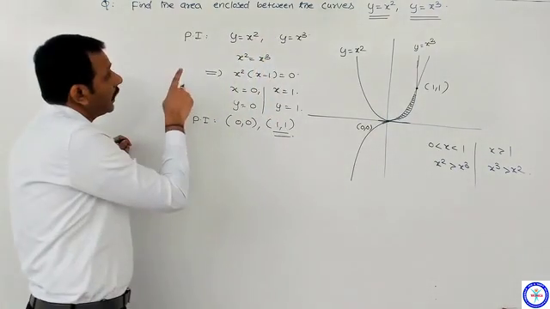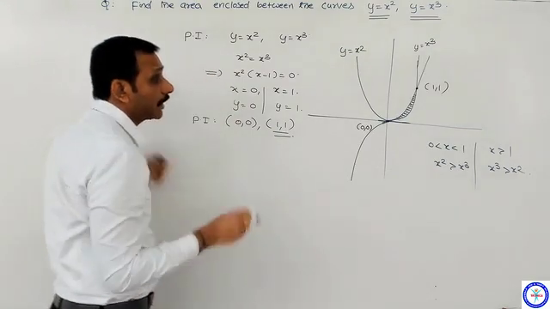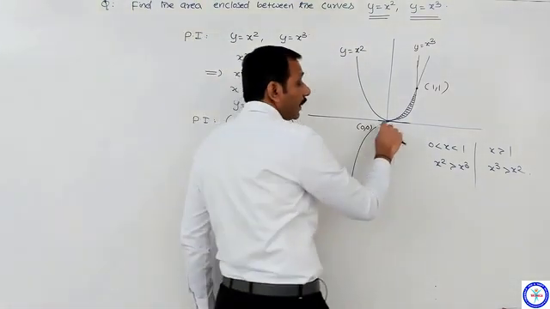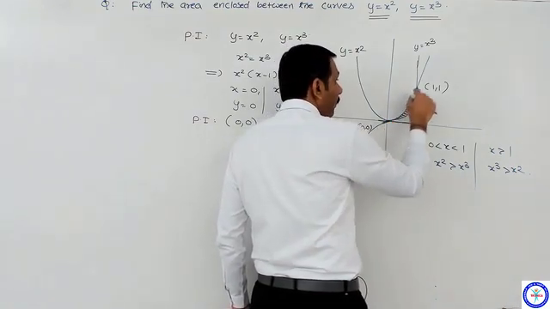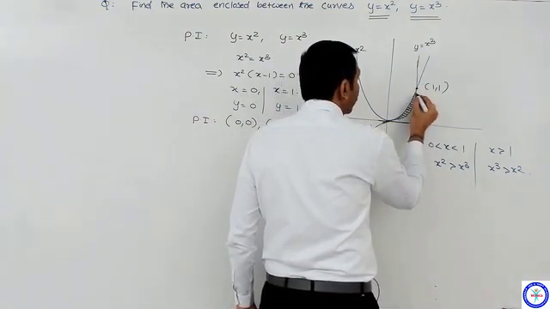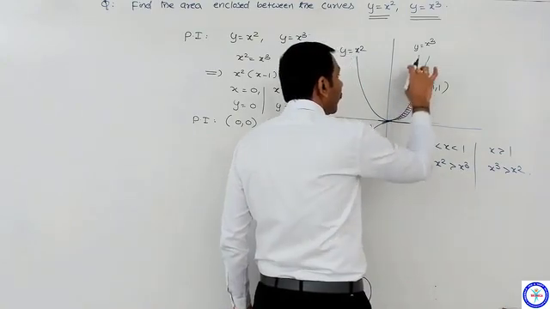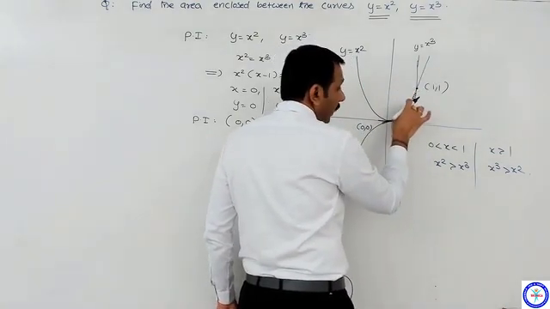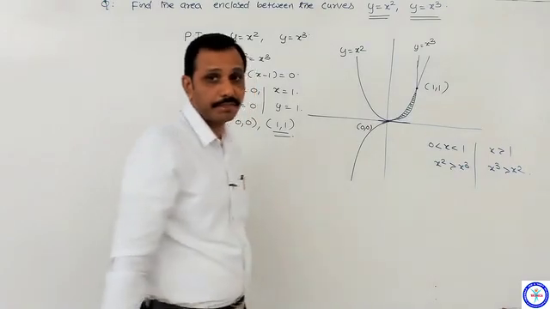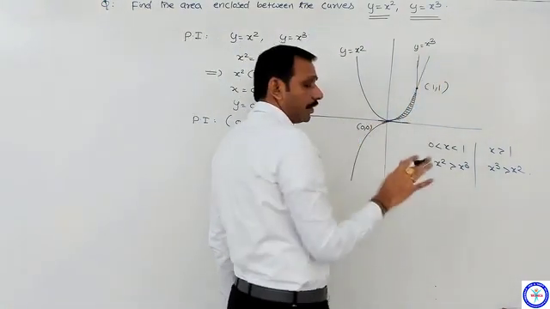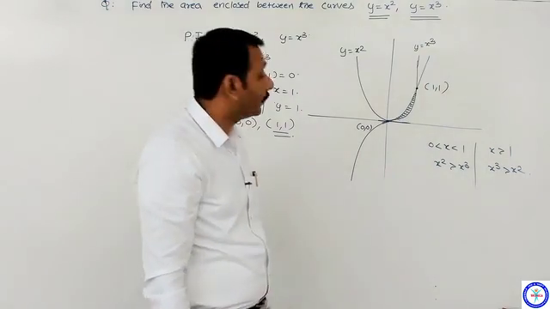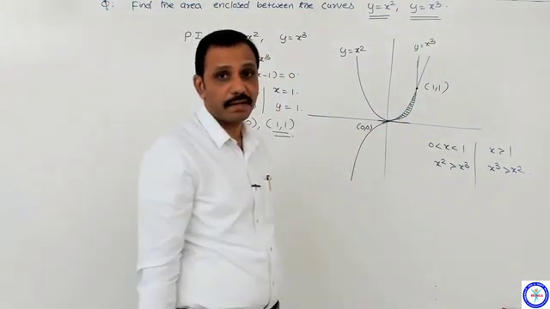Now, they are asking for the area enclosed between the curves, so what is the closed figure I am getting? Because the intersections are 0, 0 and 1, 1, yes, it is the closed figure between these two curves. Therefore, they are asking for this area. I will not get any closed figure here. Therefore, this is the required area.